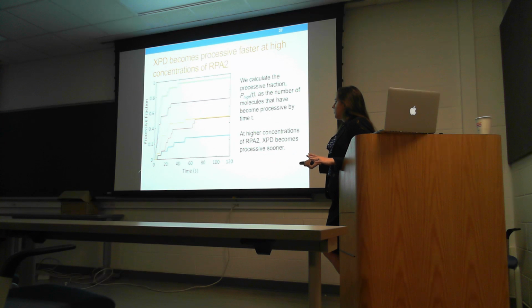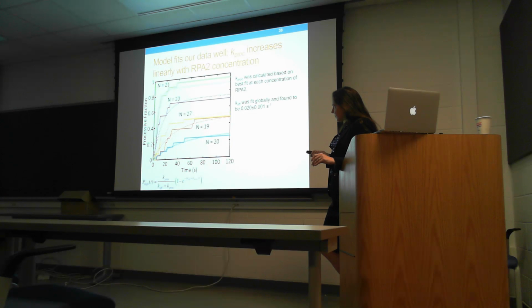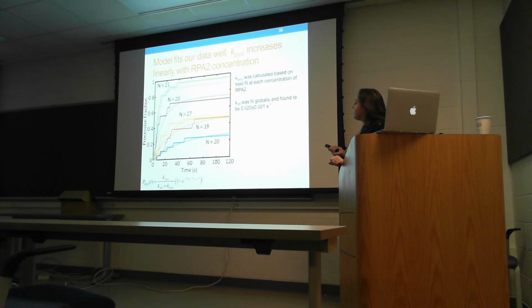So this is the raw data for the proportion of molecules that have crossed our threshold by time t. And as we increase the RPA concentration, you can see this increases faster. Fitting it to our model, I did a global fit with the same value for K off, the same likelihood of dissociation, but I allowed the rate of processivity to vary with concentration.